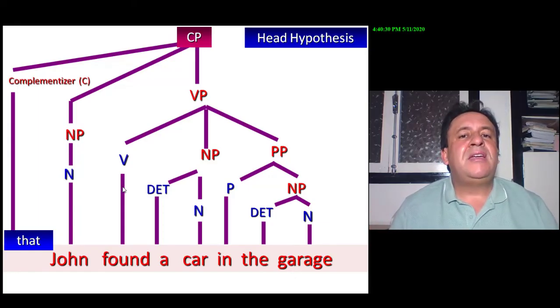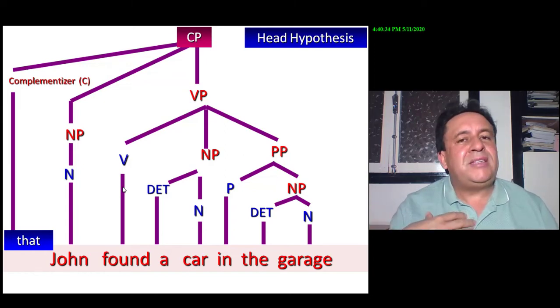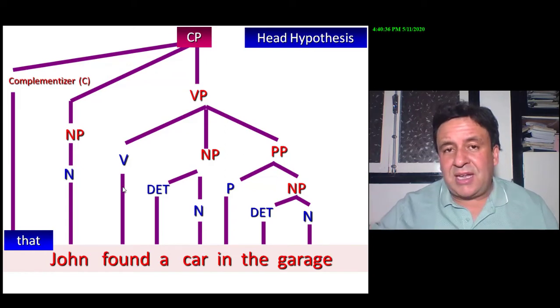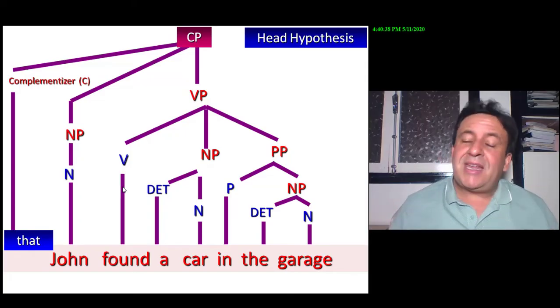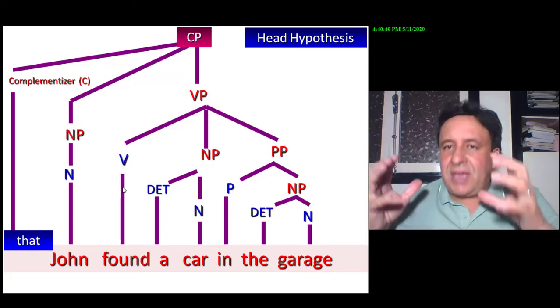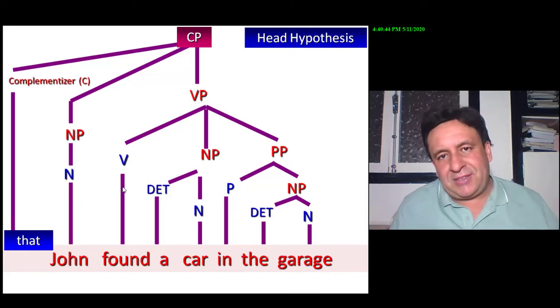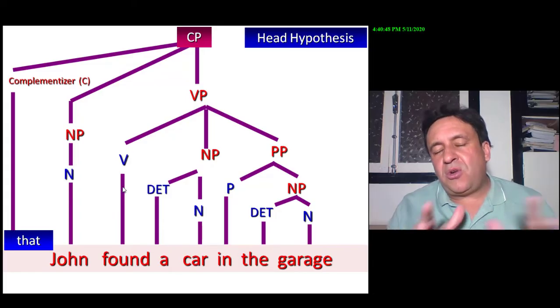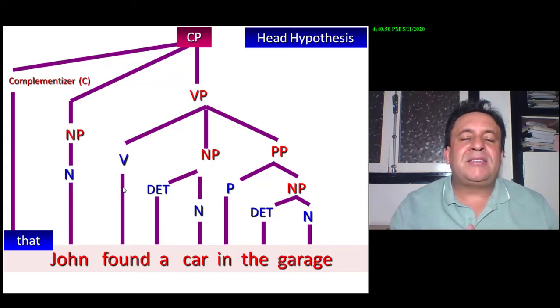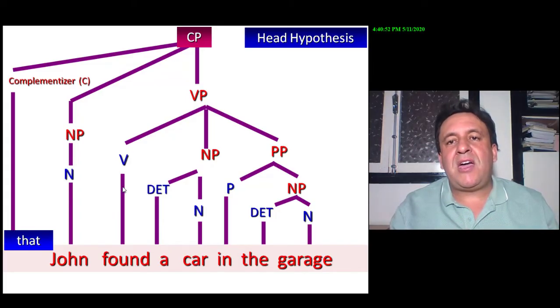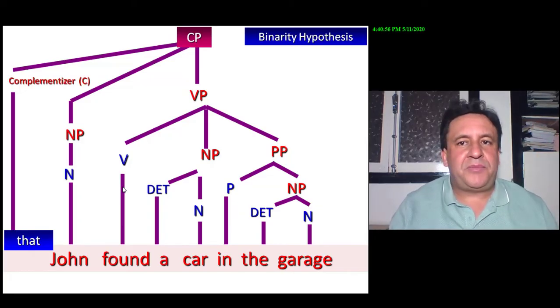Now we want to say the CP, the complementizer phrase. This is just to indicate that the sentence itself is a phrase which is headed by one and only one complementizer. It cannot be more than one complementizer. So by so doing, we can say that our tree diagram is now consistent with the head hypothesis.